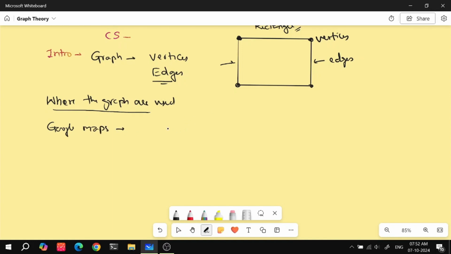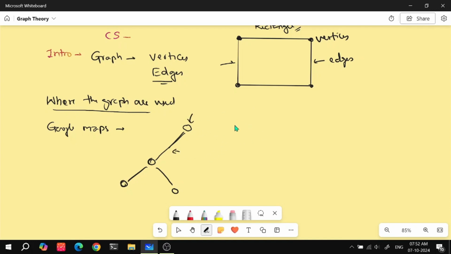Google Maps is a representation of real-world cities and roads. Imagine that there is a city and there is a road here, there is another city, there is a road, there is a city, there is a road. This is actually a graph. A graph is a set of vertices and edges.